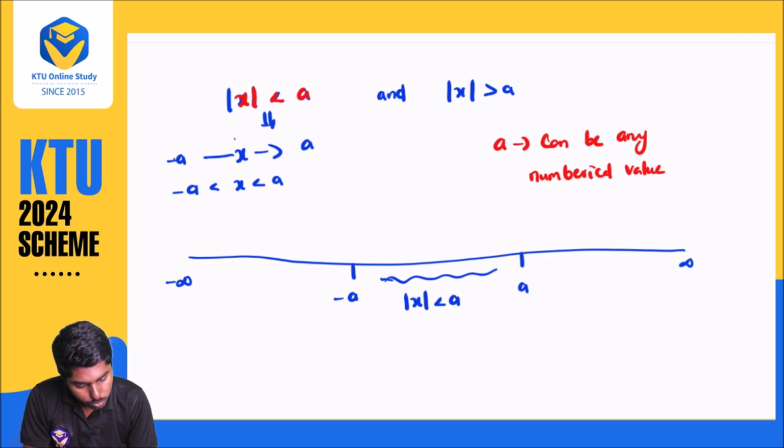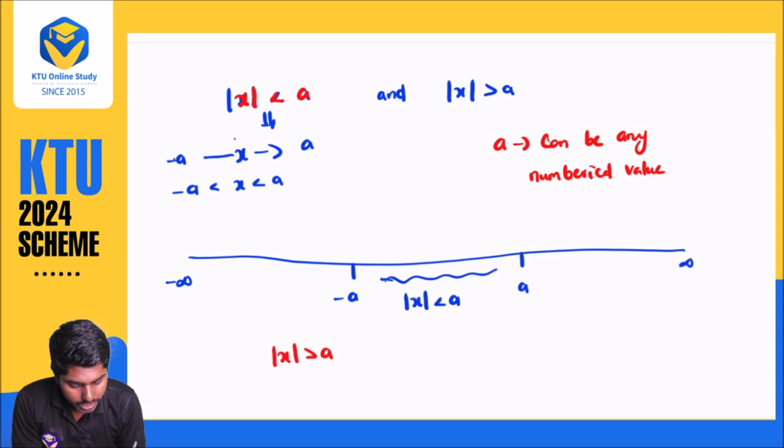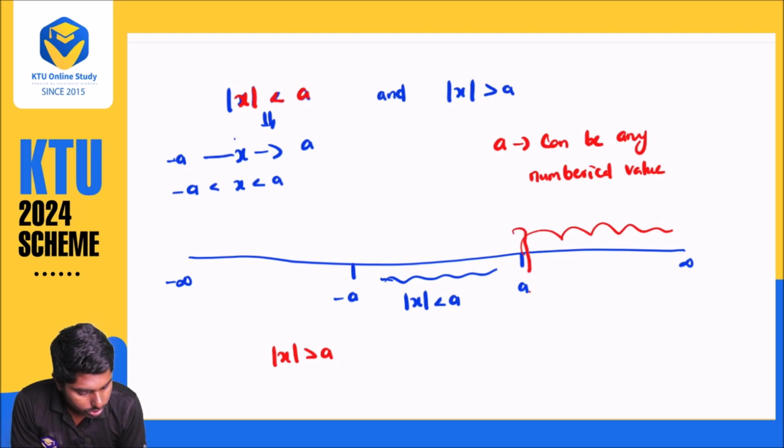Then what about mod x greater than a? Whenever mod x is greater than a, they are indicating greater, that means a is a greater number. What is after the a? That is a to infinity. So the remaining values are a to infinity, and we also have minus infinity to minus a.